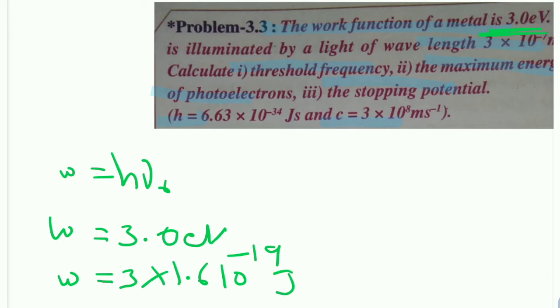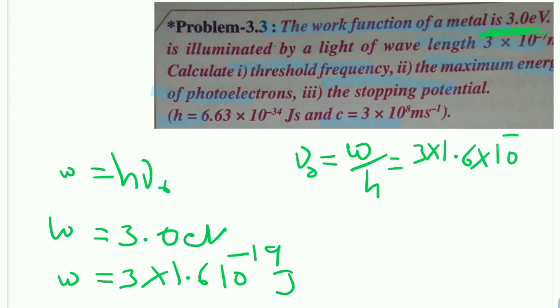Now the threshold frequency nu naught is equal to the work function by the Planck constant. So 3 into 1.6 into 10 to the power of minus 19, and h is 6.63 into 10 to the power of minus 34.